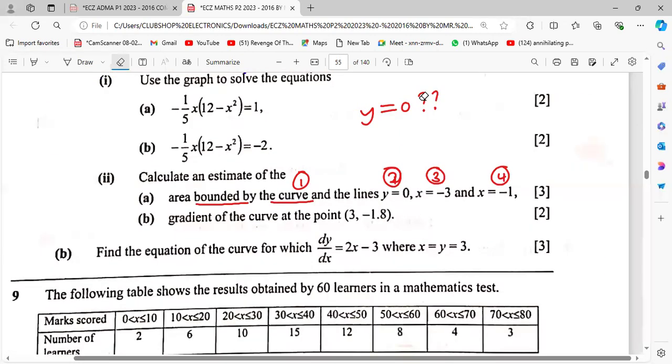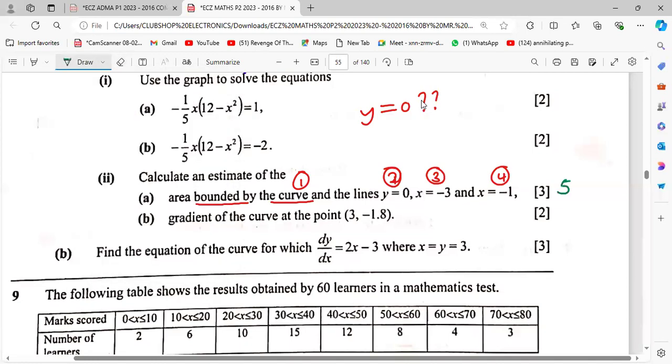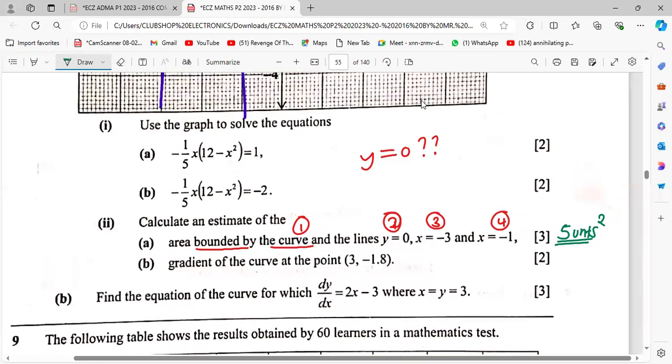So we are saying our area then is supposed to be 5 square units. You can say units to the power 2 or just write 5. It's okay. Then the last part is: calculate an estimate of the gradient of the curve at the point 3, negative 1.8. So this is x and this is y.